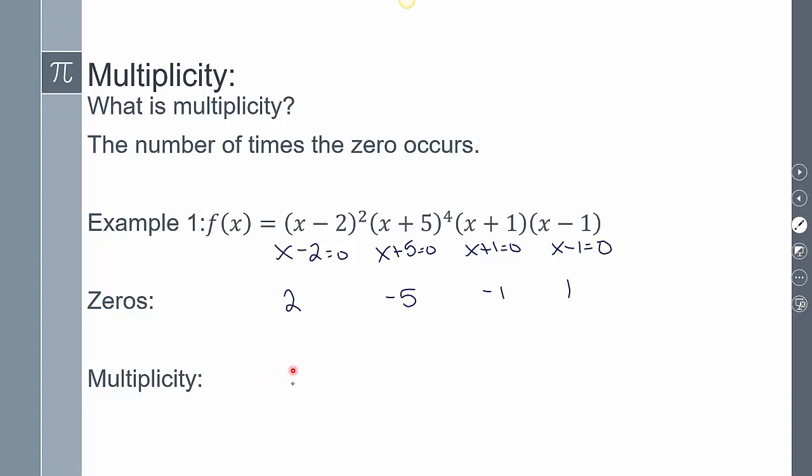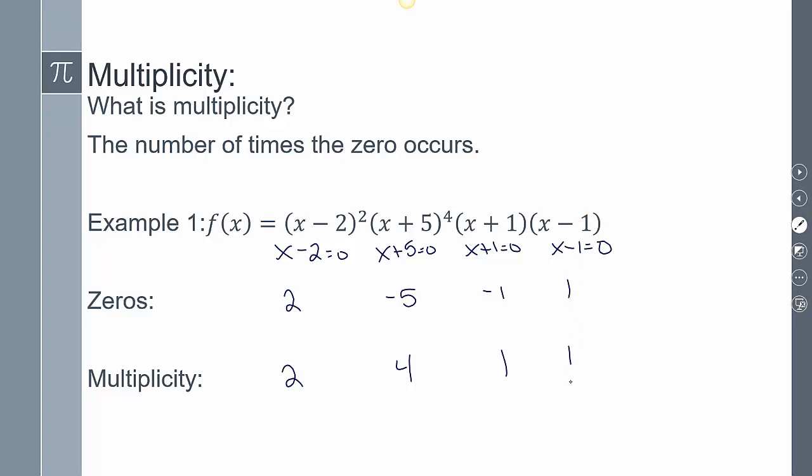Now we're saying that the multiplicity is the number of times the 0 occurs. Because this says x minus 2 squared, I have 2 of these, so my multiplicity for this 0 is 2. I have 4 of these, so my multiplicity for this 0 is 4. I have only 1 of these, so my multiplicity for this 0 is 1. And I only have 1 of these, and so my multiplicity for this one is 1.